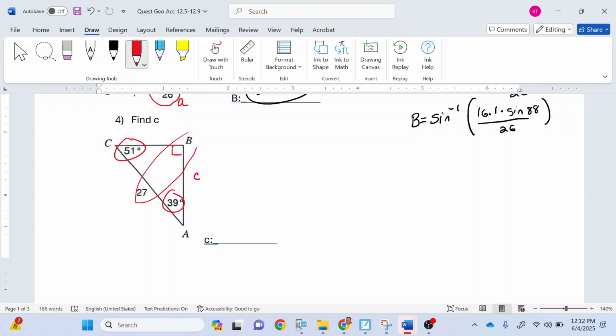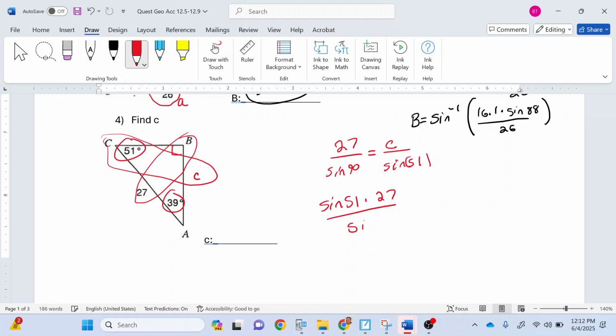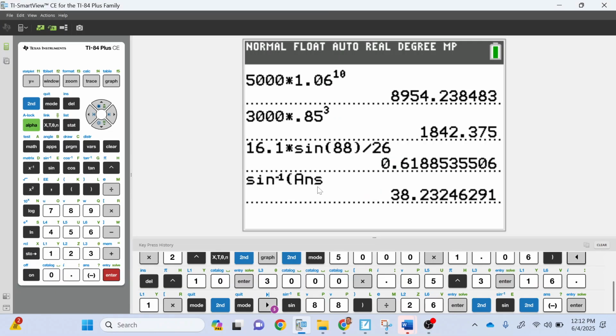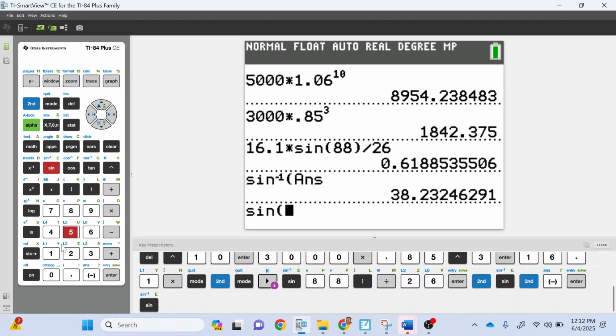So I have this pair: 27 over sine 90 equals lowercase c over sine 51. Luckily, all I have to do is multiply by sine 51 on both sides. And hopefully you notice, what is sine 90? It's 1, so it doesn't even matter, but if you didn't notice that on the test, you could still type it in.